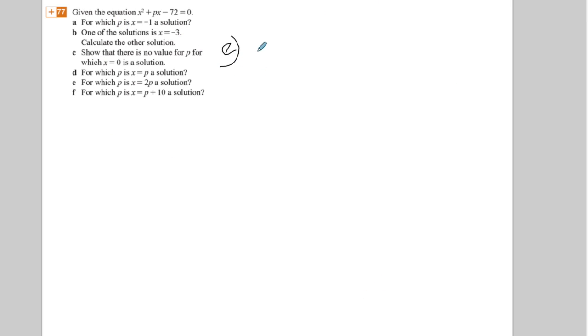E, same kind of question. x equals 2p. So what do I have to do? Just fill in 2p for x. 2p squared, because I fill in the whole x, plus p times 2p minus 72 equals 0.